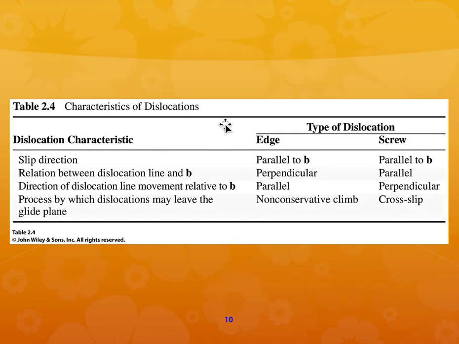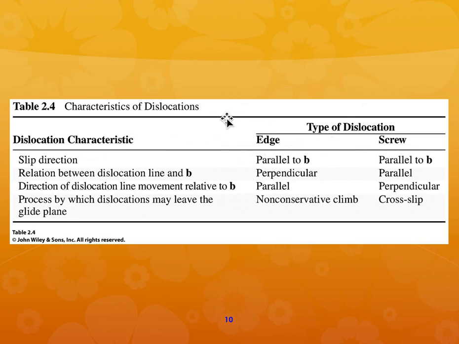Okay, so this is all listed here. The combined movement of atoms is called slip, which means that you have a whole set of dislocations moving, and slip is the deformation of atomic planes.